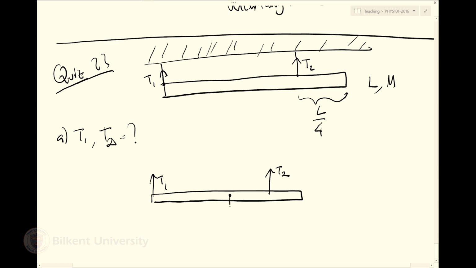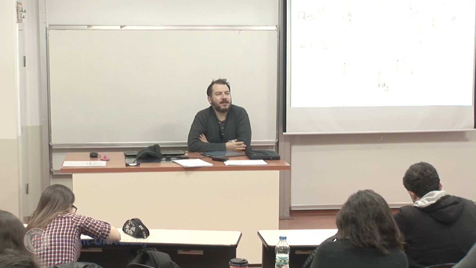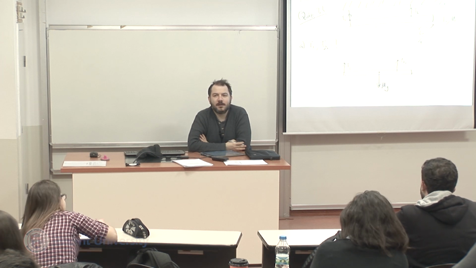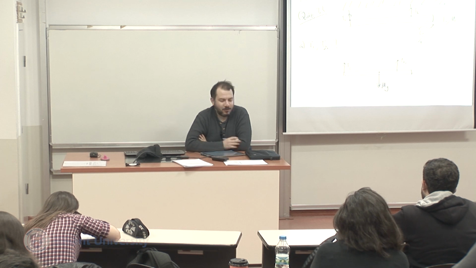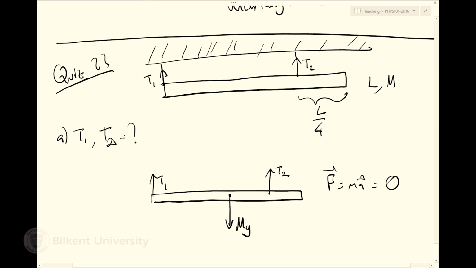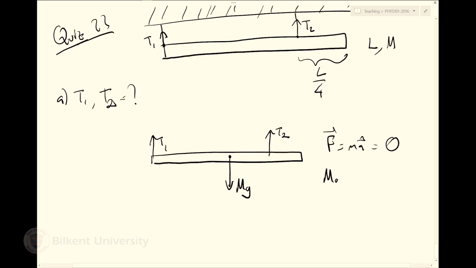Center of mass is a special point, so it's going to be mg. In the static situation, is there any acceleration? No, so F equals ma, that's 0, which tells me that mg is basically T1 plus T2.